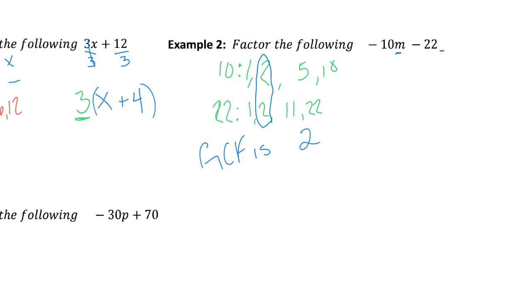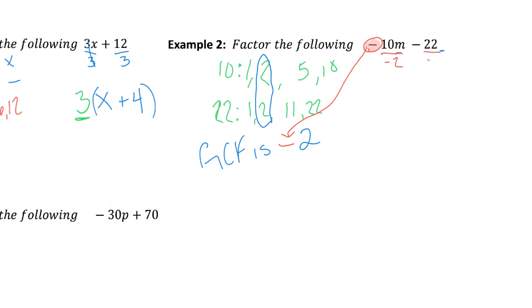But it's not just 2. Hopefully you noticed that this 10m has a negative sign. Anytime you see a negative sign out front, our GCF is going to be negative. So now we're really dividing both terms by a GCF of negative 2.